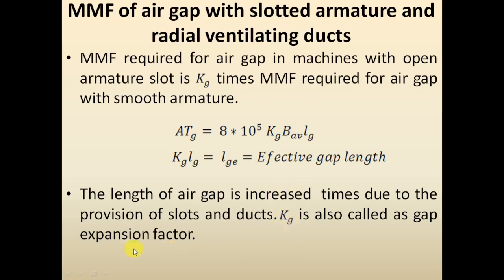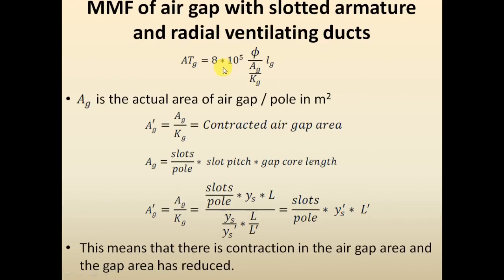Since the air gap length has been increased by kg times, this term kg can also be said to be the gap expansion factor. In the same relation, instead of B average, that is the relation for flux density, if you are making the substitution as flux per unit area, so instead of B average, you are making the substitution flux per unit area and bringing the kg term to the denominator. This Ag by kg term together can be said to be Ag dash, which is actually the contracted air gap area.